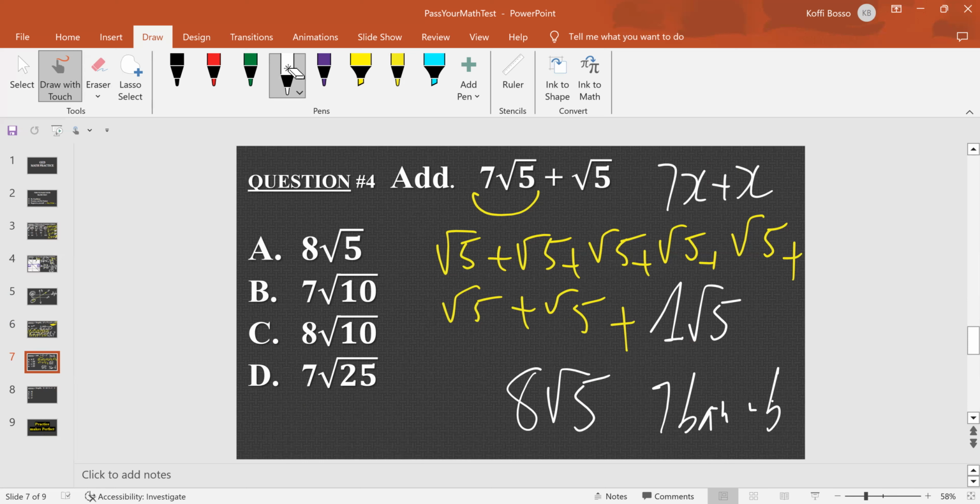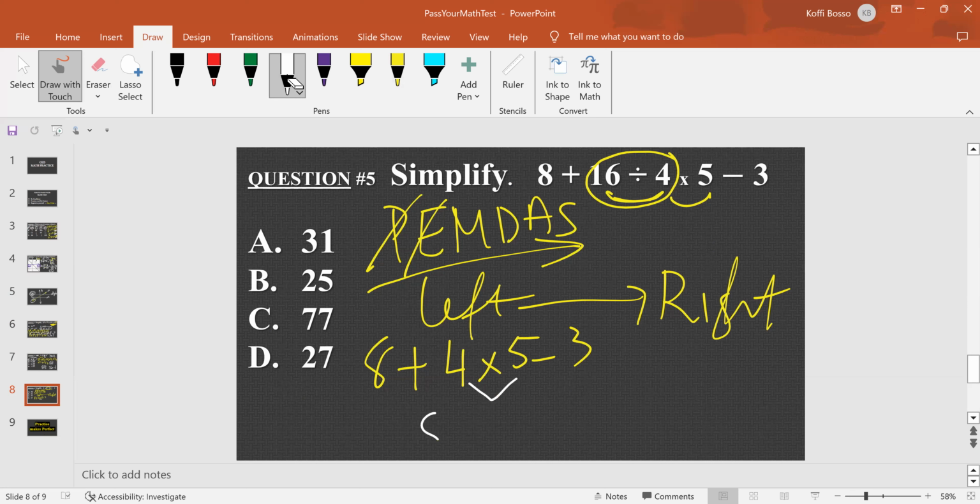Follow this order from left to right. So to do the division, we have 8 plus, 16 divided by 4 is 4, and we multiply by 5 minus 3. After the division, now we can do the multiplication, so we have 8 plus 20 minus 3.